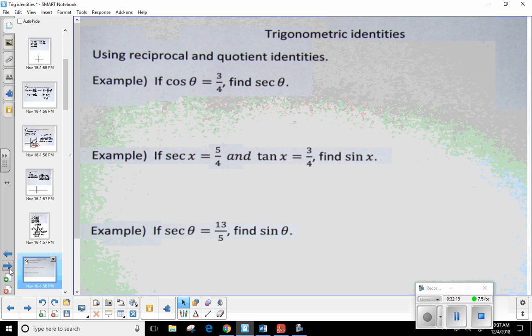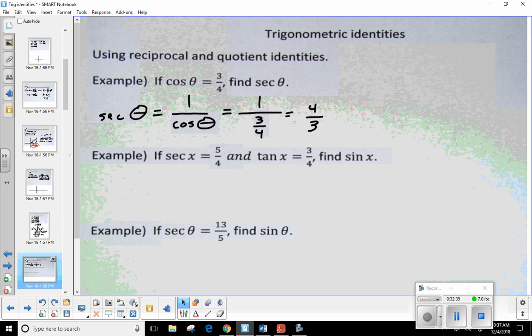We have a reciprocal identity that says secant of theta is 1 over cosine of theta. We are given cosine of theta, so 1 over cosine is 1 over 3/4. And what happens when you divide by a fraction? You multiply by its reciprocal. So secant should be 4/3.